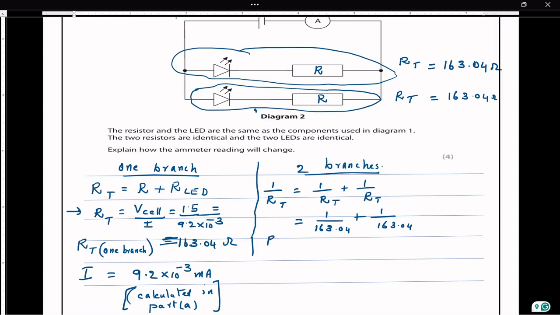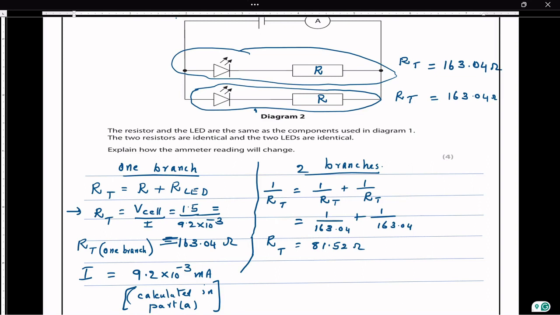It will give you a value of RT as 81.52 ohms. But we can see that this 81.52 is half of 163.04.